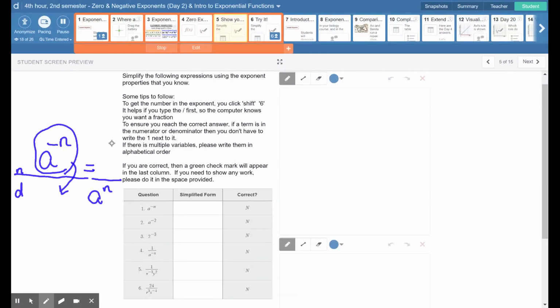Now notice that there's nothing on top. There's nothing left on the numerator. So we have to fill that with a 1, okay? So if there's nothing left, you just put 1 underneath. So I'm going to write my division bar first, 1, and then a caret, and then n. Notice the green check mark appears, so we're good to go.